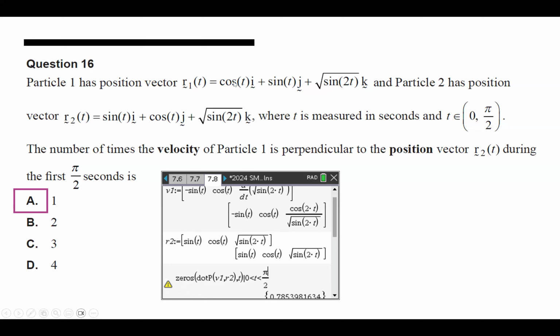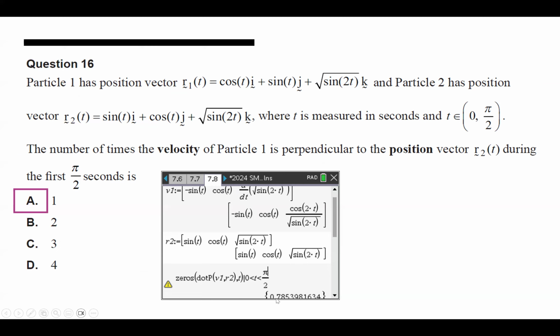The derivative of R1 is minus sine t i plus cosine t j. If you don't recognize the derivative straight away, you can type d/dt of the square root of sine 2t, and it gives you this. Then you define R2, which is sine t, cosine t, square root sine 2t. Then you use the zeros command, because the dot product between V1 and R2 must equal 0 for perpendicularity.